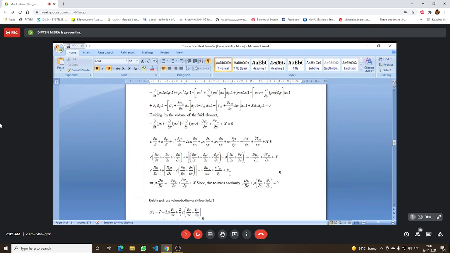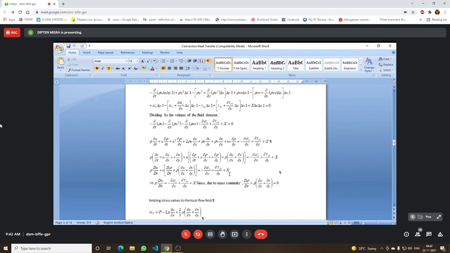Okay. So if it is gravitational body force, then what will the gravitational body force be? It will be rho into g. Because our y-axis is vertically upward and rho into g will be acting downward, for the case of a body force due to gravitational field, it will be minus rho into g.